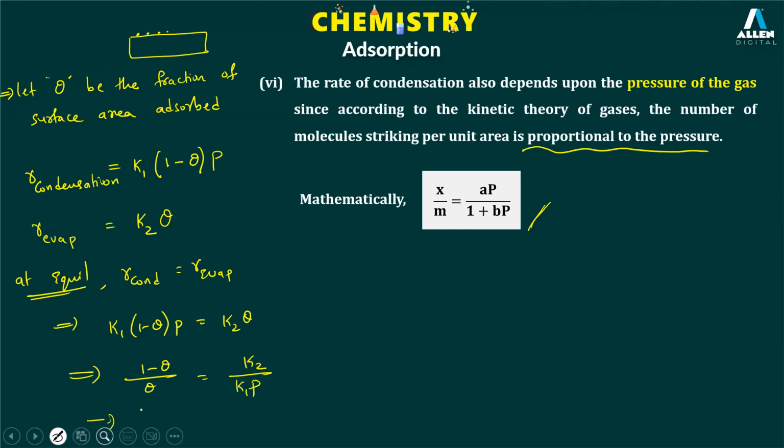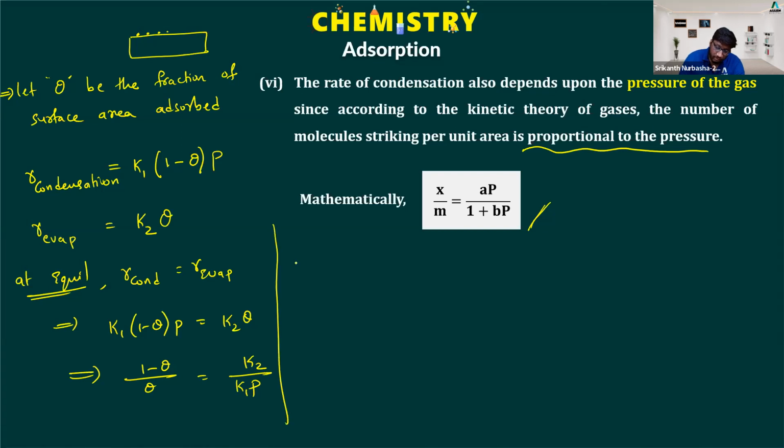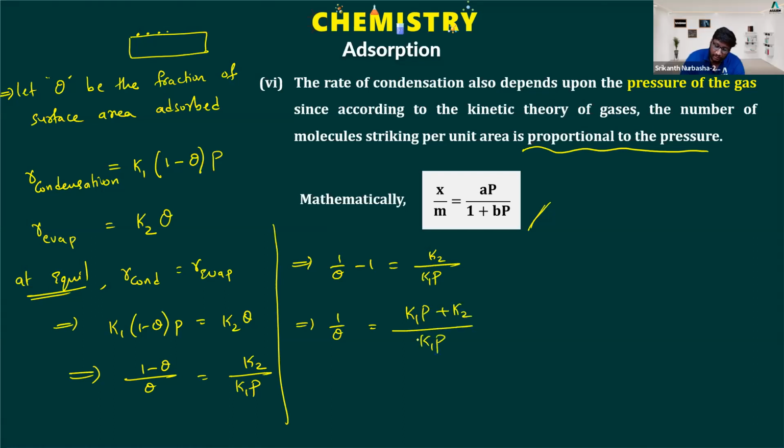So I can write the equation 1 by theta minus 1 is equal to K2 by K1P. So 1 by theta I can write as K1P plus K2 divided by K1P.